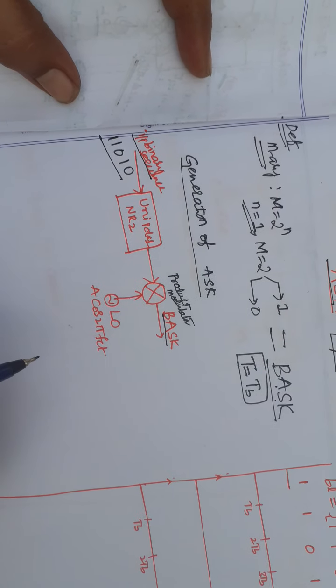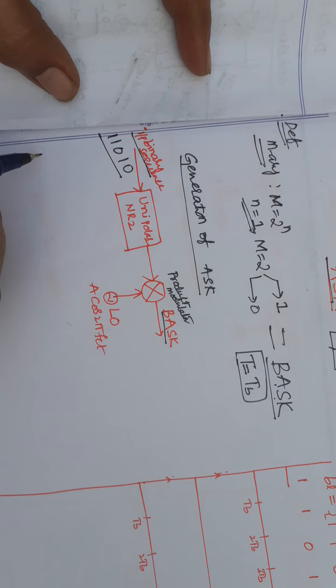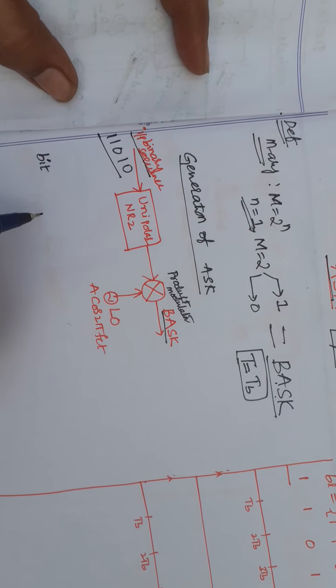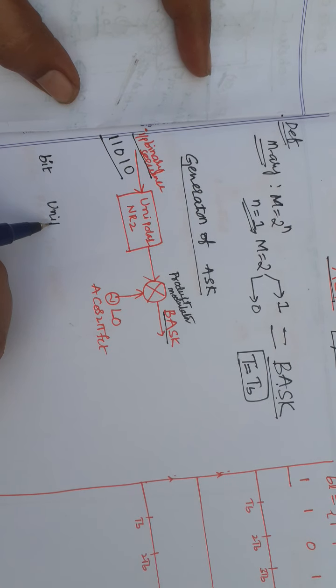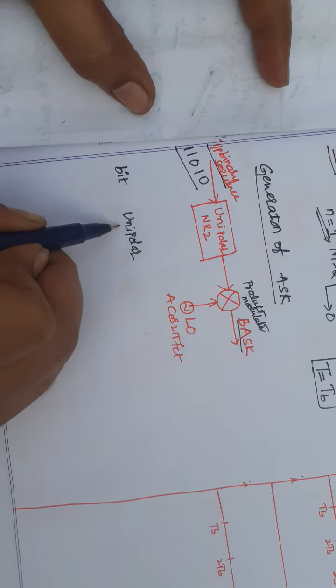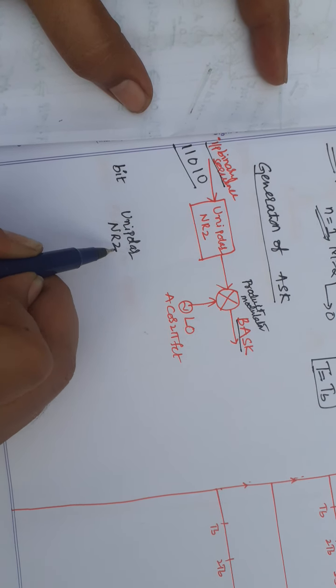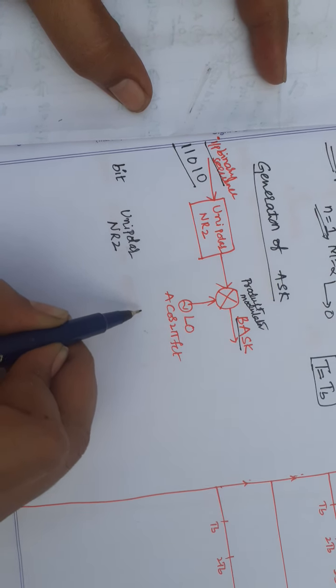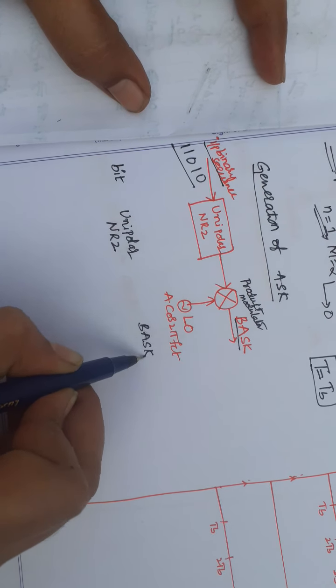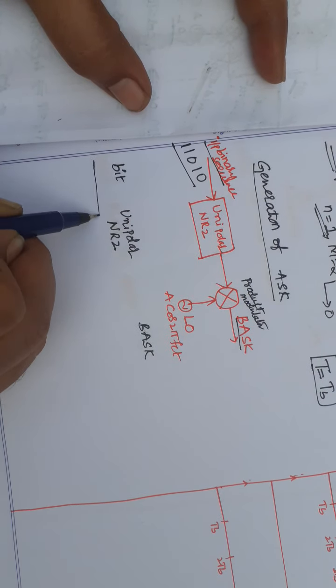Now this is the block diagram: input bit, unipolar NRZ, and then the BASK equation or ASK equation.